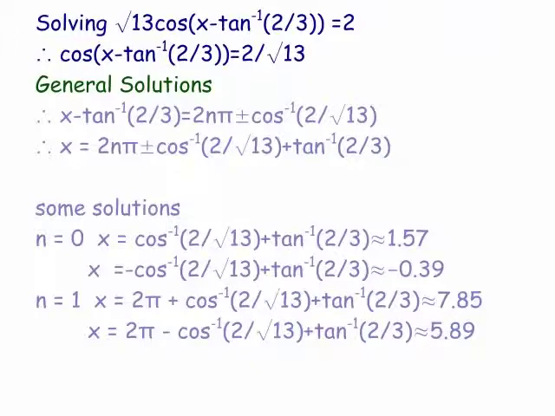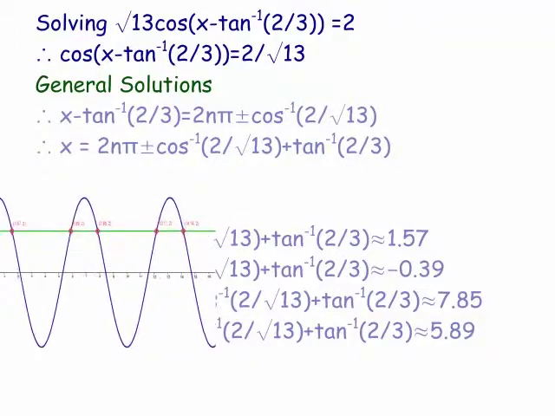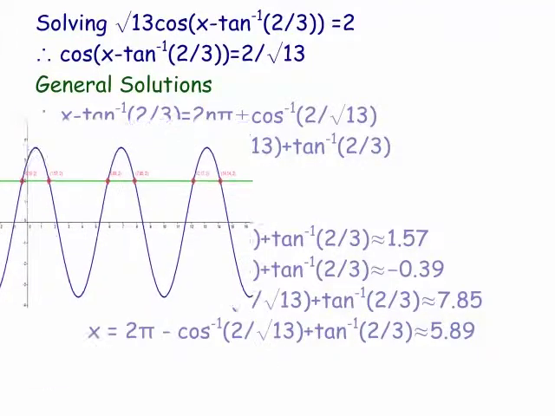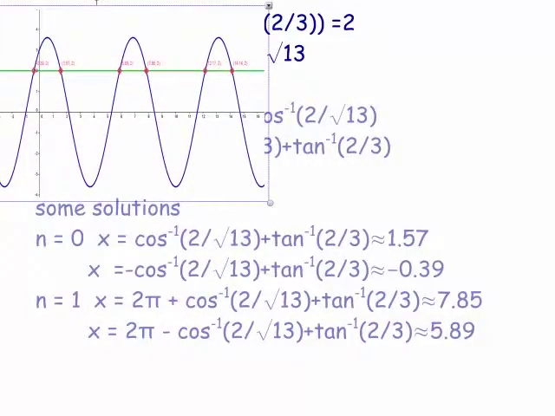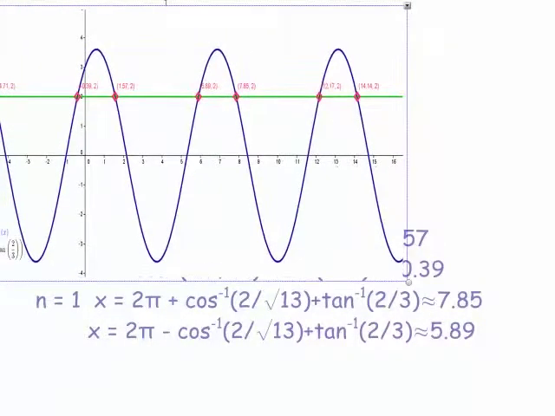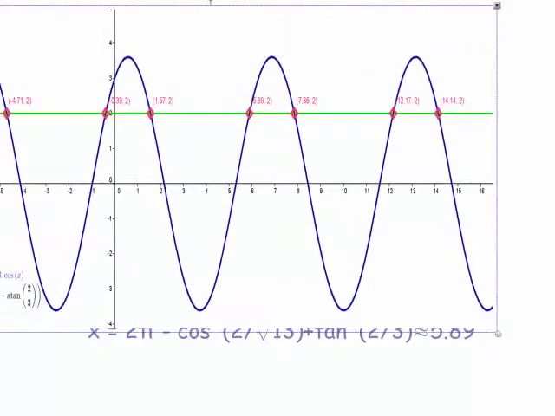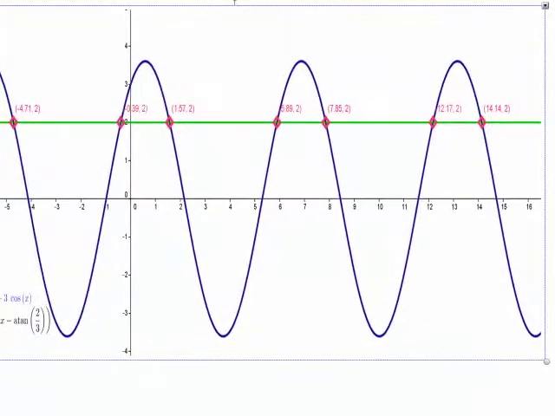If you have a good look at some of the solutions, I've actually just substituted in some numbers to have a look at them. Let me bring across our graph, and make this a bit bigger. Okay, here we are.